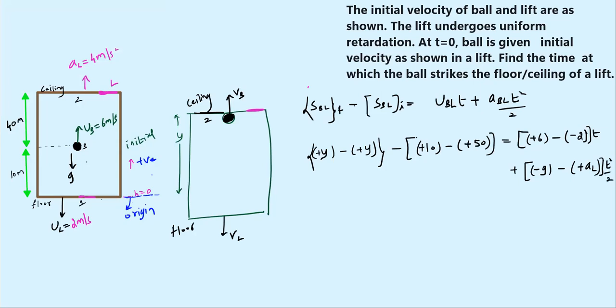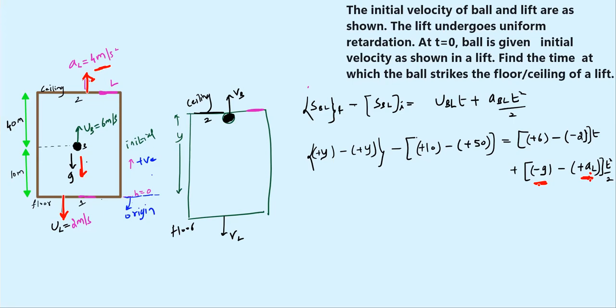Now you may ask one question. Sir, the ball is undergoing retardation and you're writing negative, okay. The lift is also, look, the velocity is downward and the acceleration or retardation is upward. Then this should be negative, but you are writing positive. Here we are giving sign for both retardation as well as acceleration.